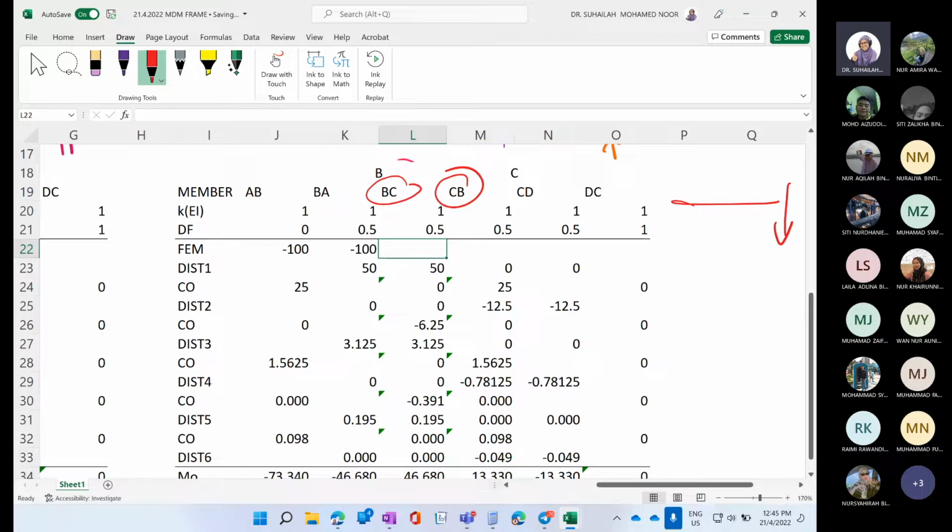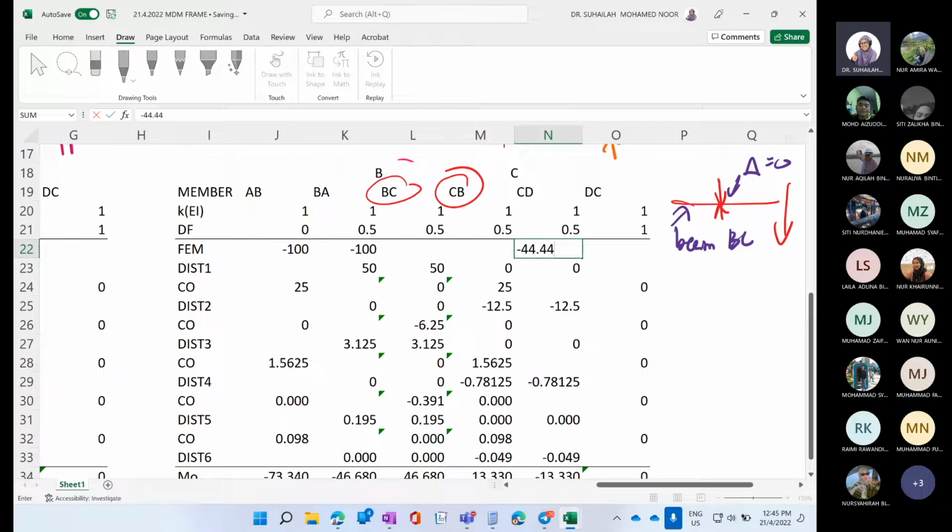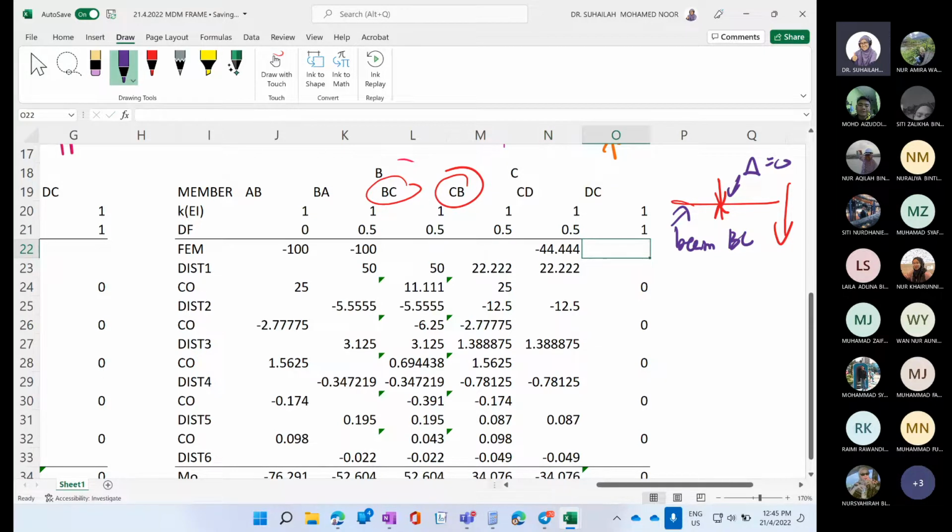So we measure the vertical displacement for the beam, and there is no vertical displacement for the beam in this case. That is why the FEM value is 0 for BC and CB. Delta is equal to 0, so we remain at 0. And CD is negative 44.444, and the end is 0.